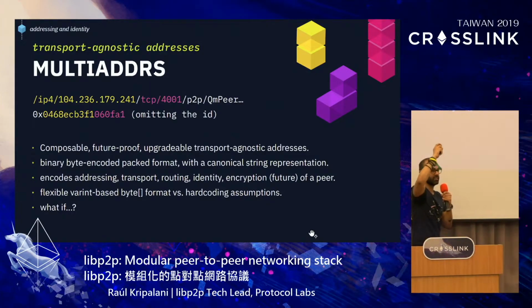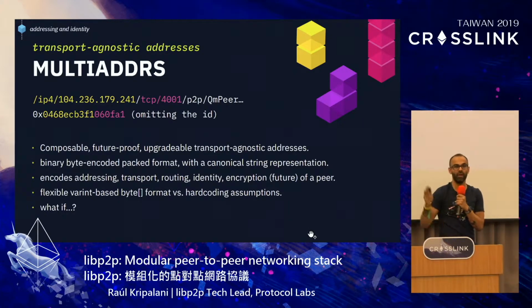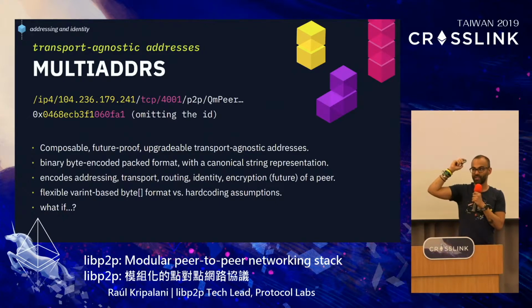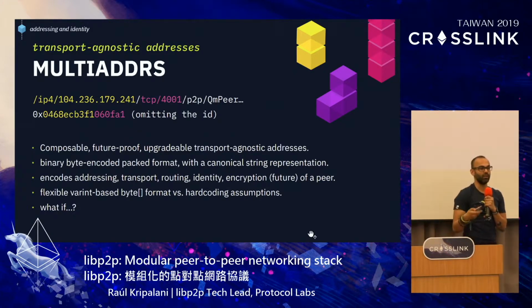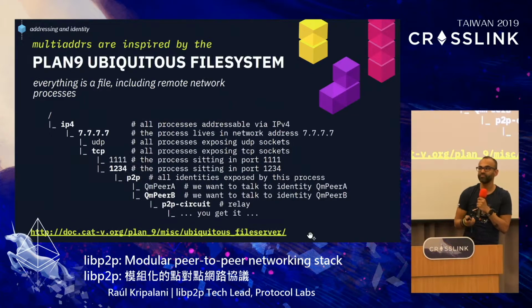So the IP address, the TCP, what network protocol you're going to speak with that process, the port number, its identity, and so on. And multiaddrs are normally represented in this string notation, but when they are part of messages and protocols, they are really byte-packed.